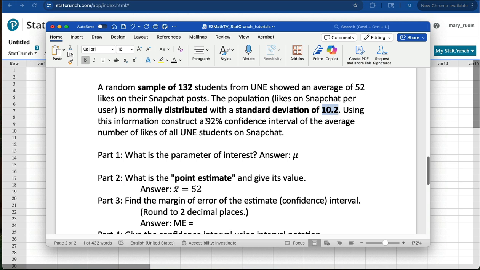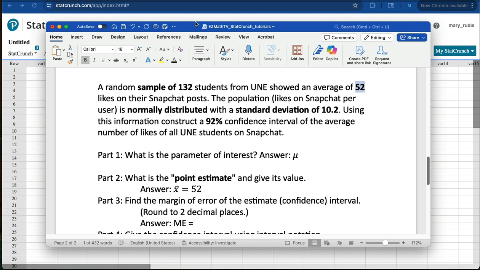And lastly, we know what our confidence level is. It's 92%. So we have all the information that we need to go ahead and enter what we know into StatCrunch. So n equals 132, X bar equals 52, sigma is 10.2, and our confidence level is 92%.